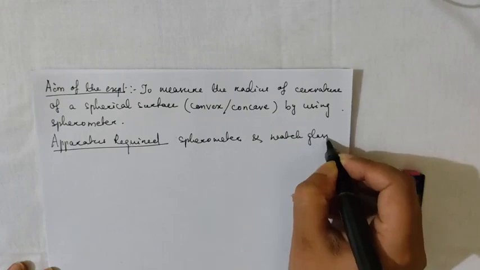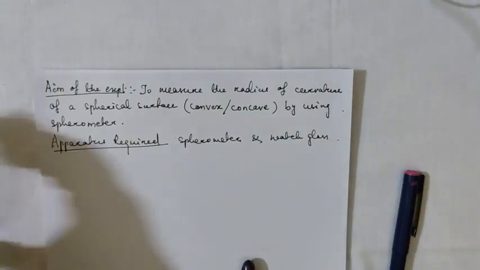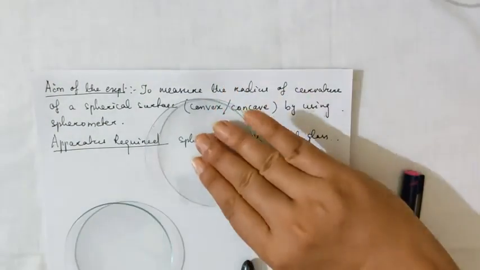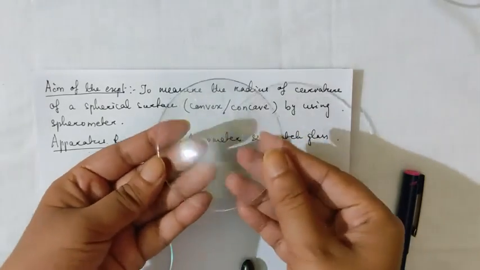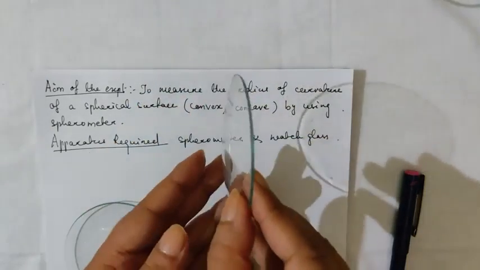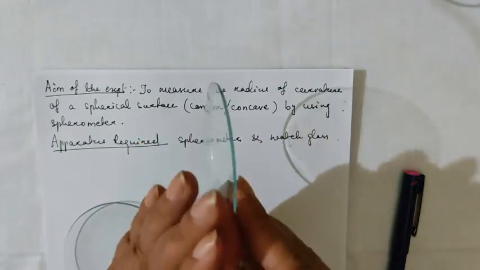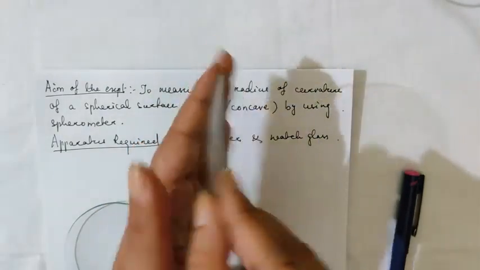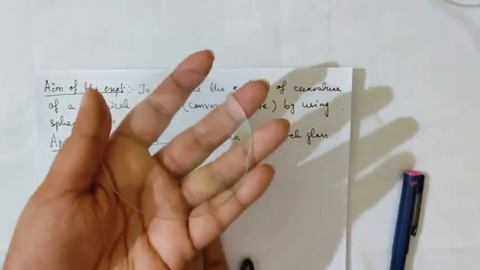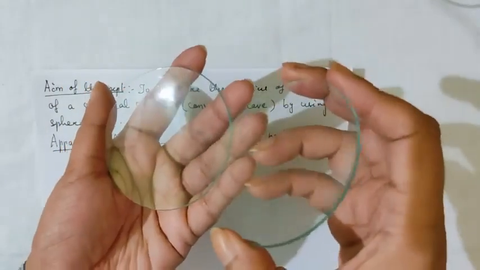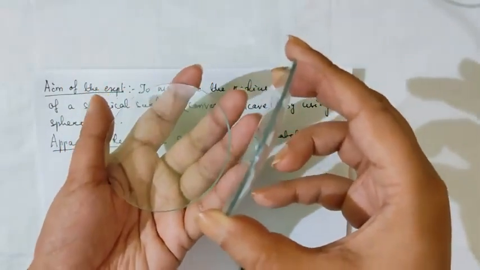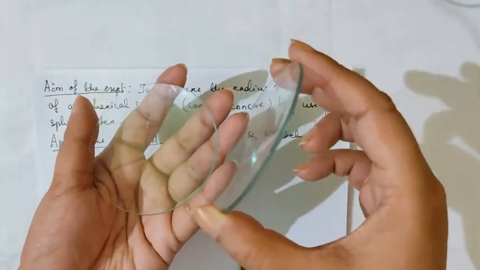Why watch glass? You can see here, these are the watch glass, because this has a surface, either concave spherical surface or convex. This is your convex spherical surface and this side is your concave spherical surface. This is the watch glass I am taking, and this one is the spirometer.